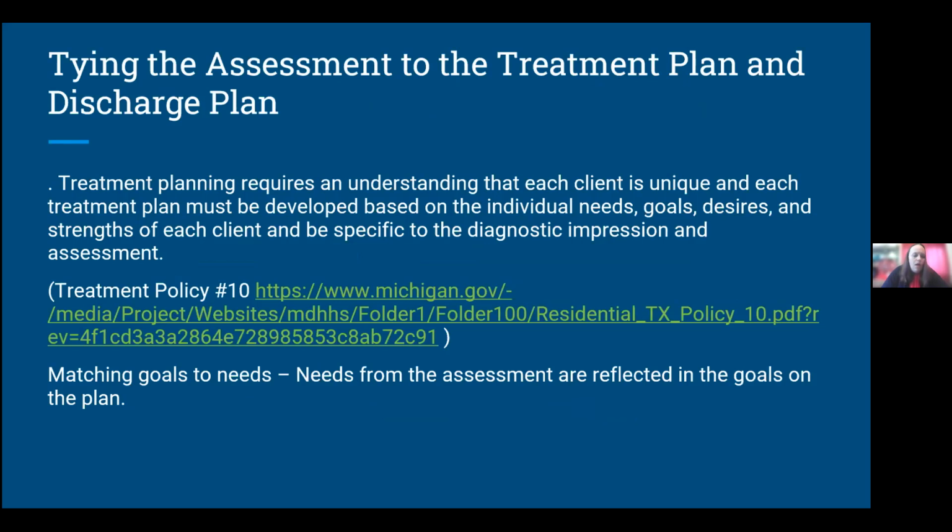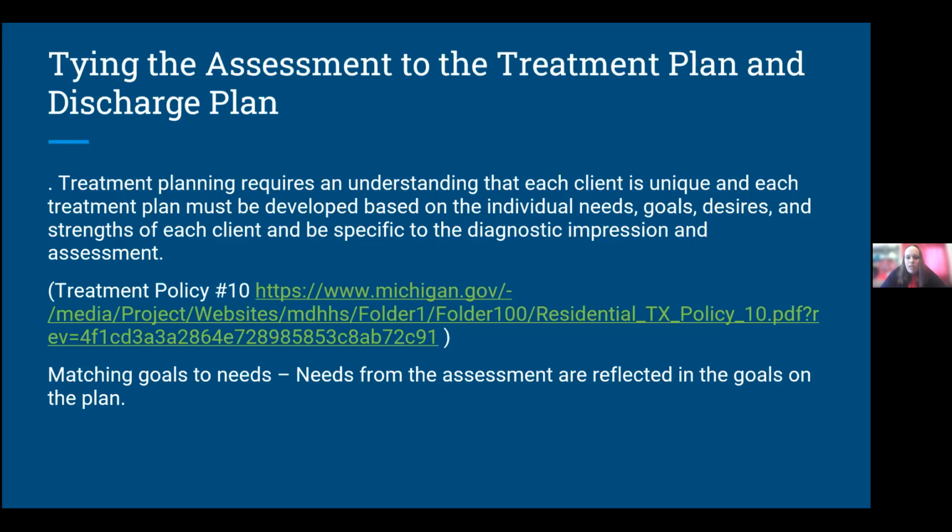So there are multiple different entities and agencies that you might be from, and they're all going to have different rules and regulations. But this is one that is pretty common throughout everything. So I just pulled one example, and this is called Treatment Policy 10. And there's a link for that there.